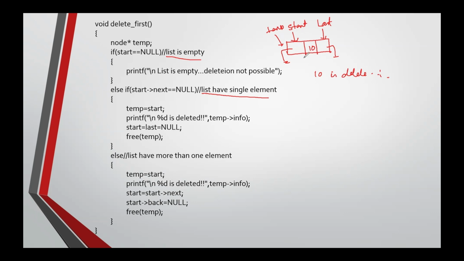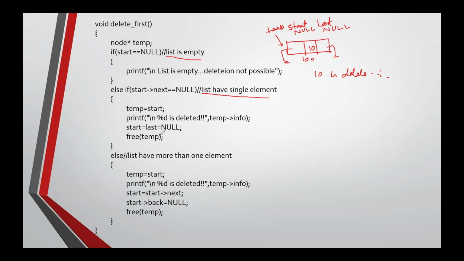So previously, what is the value? For example, this is 100. So start stores the value 100 and last also stores 100. That's why both point to it. So here we have to make both start and last store the value null. So right now start stores null, last also stores null.